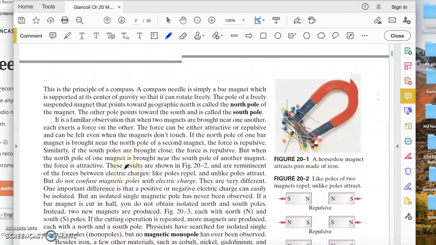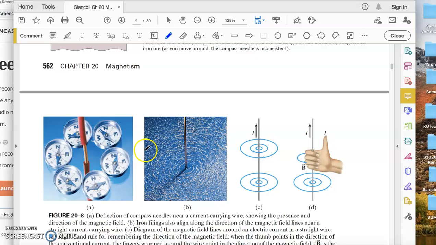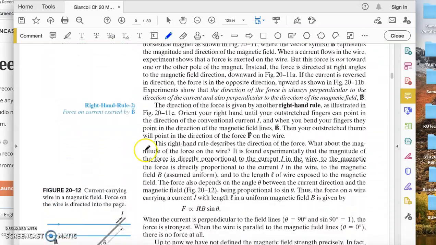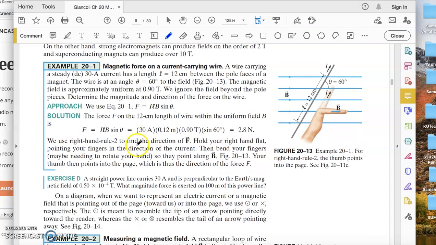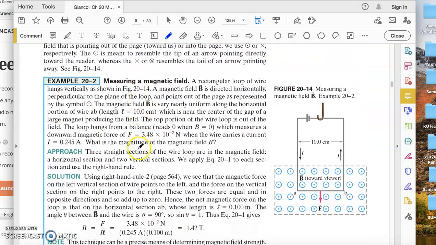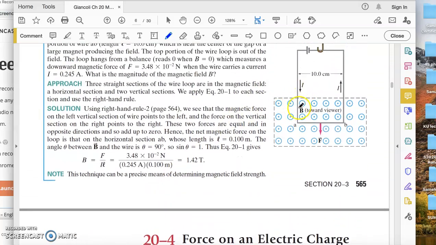Now we have discussed these kinds of things in the first 2 YouTubes, and we have also discussed the direction, how to find the direction of the magnetic force that is produced by the magnetic field on the current.